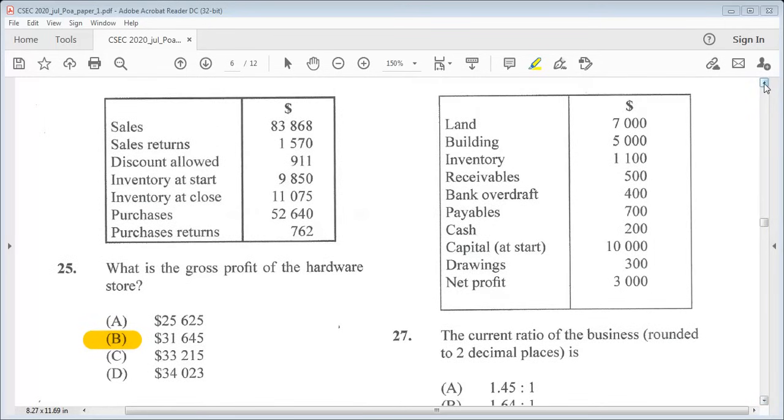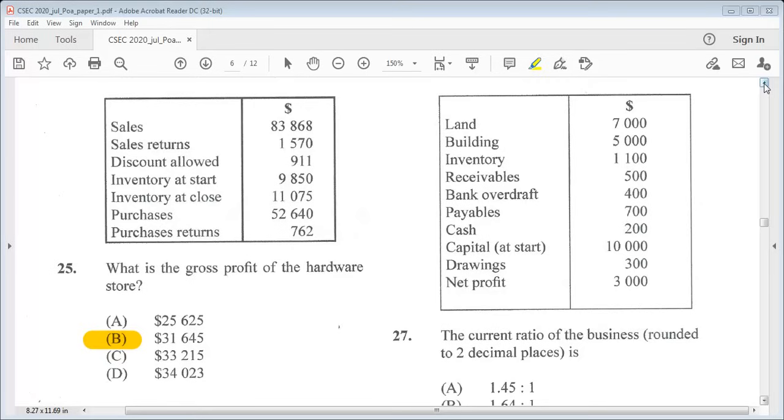We know we have inventory 1,100, receivables 500, and then cash 200. So when we add all of that together, we get a total of 1,800. Now our current liabilities, bank overdraft 400, payables 700. So that's a total of 1,100.